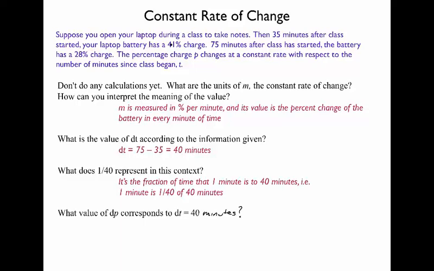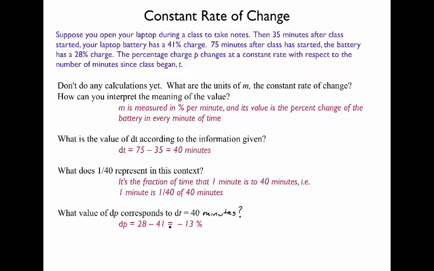So our final value is 28, our initial value is 41. The change in P is negative 13%, or a decrease in the battery's percent of 13.